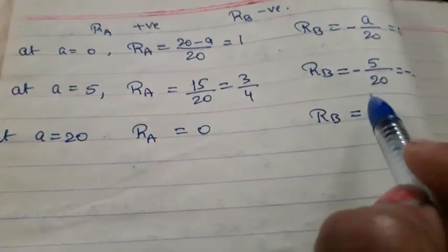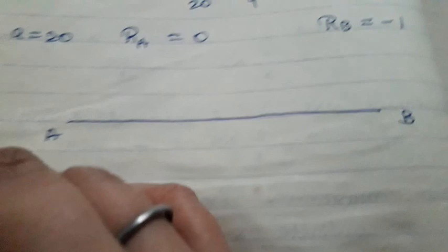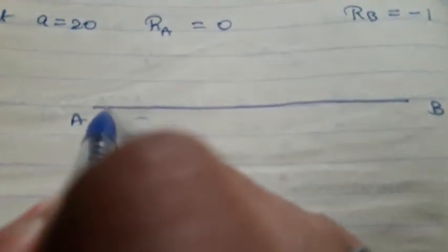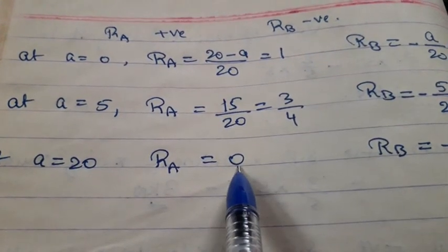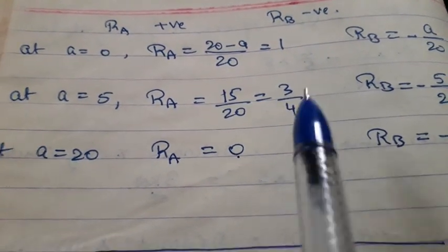So for these values we have to draw an influence line diagram. So this is AB. A is equal to 0, RA is equal to 1. A is equal to 20, RA is equal to 0. A is equal to 5, 3 by 4.